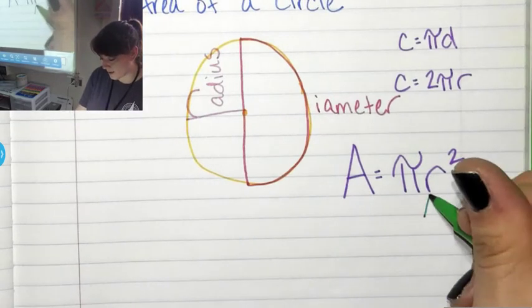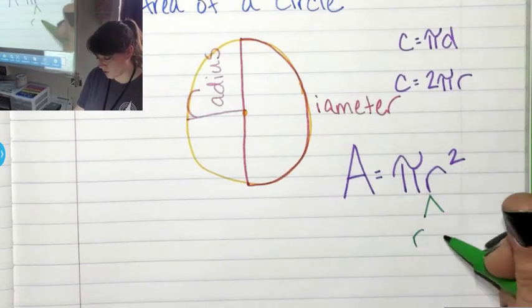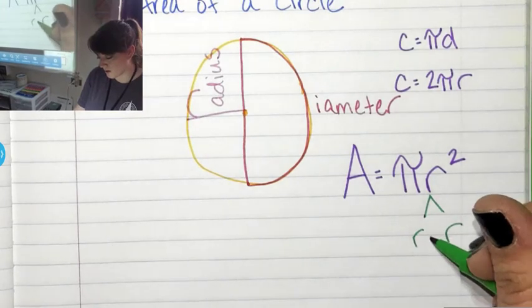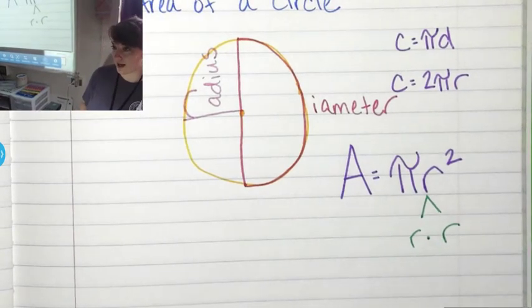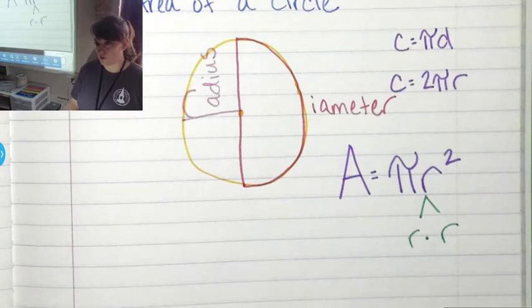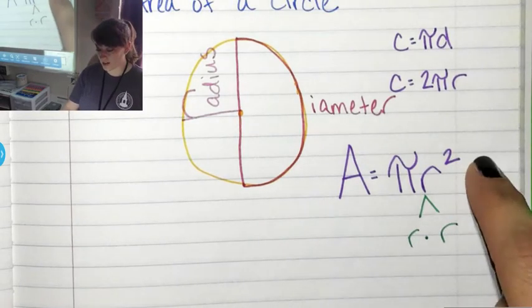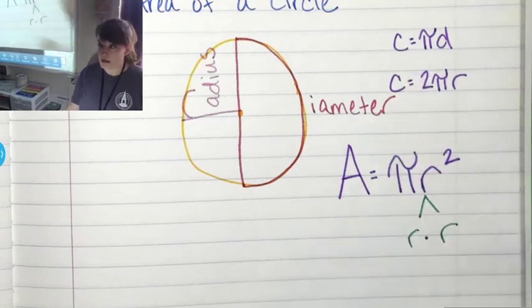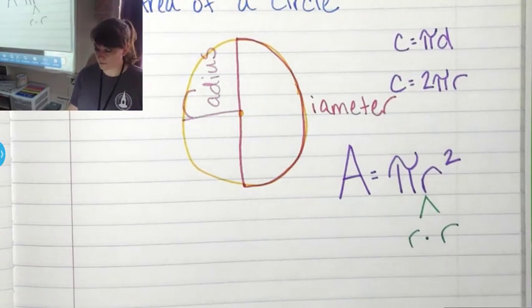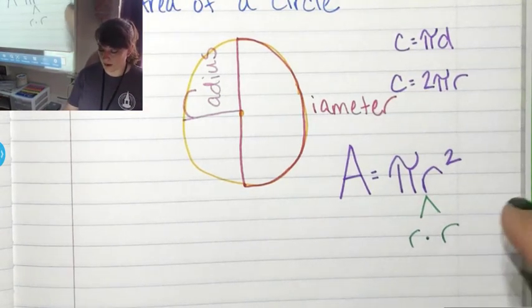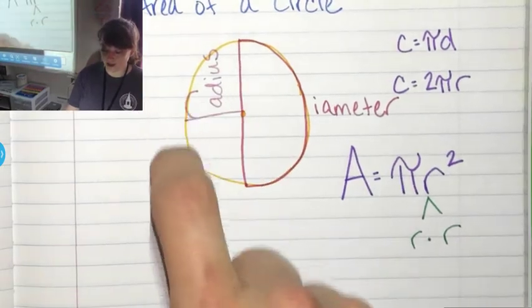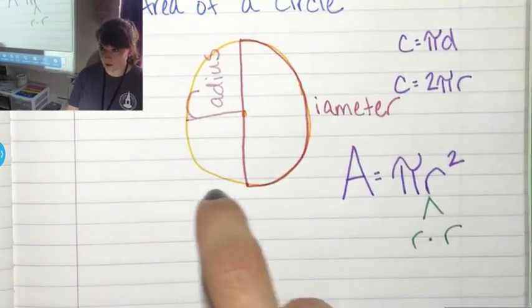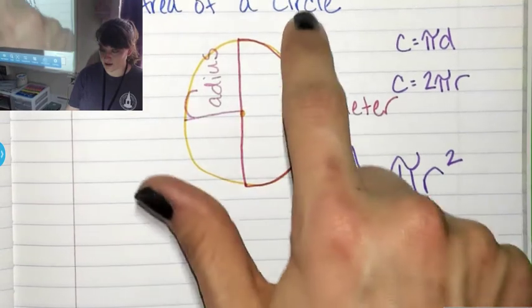Many, many mistakes doing 2 times radius. 2 times radius just tells me diameter. And then if you do radius times 2 times pi, you just told me the diameter, or the circumference. So don't do that. It's got to be radius times radius because of our radius squares, where we made those squares out of the radius.